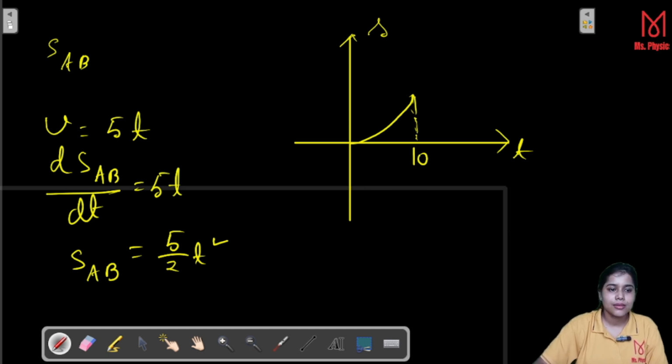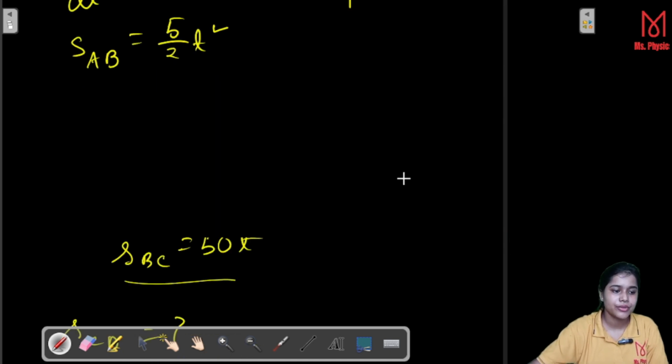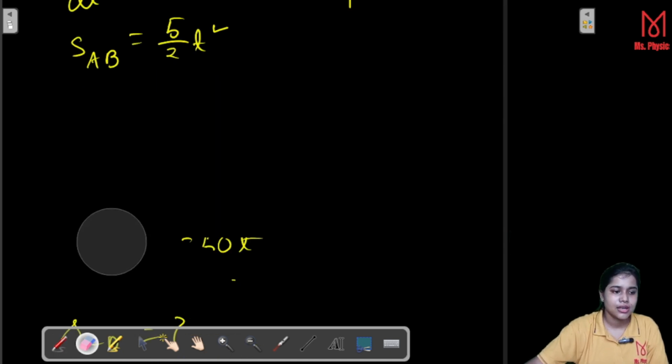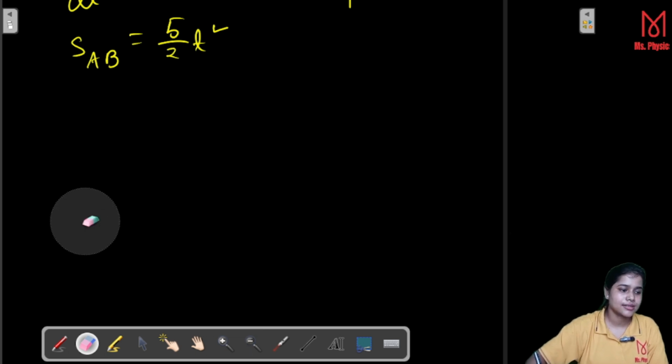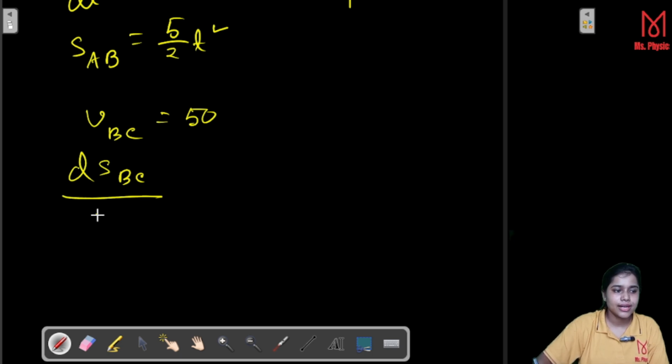Next for BC. For BC we have constant velocity, if you remember. The constant velocity was 50. So dSBC over dt is equal to 50.